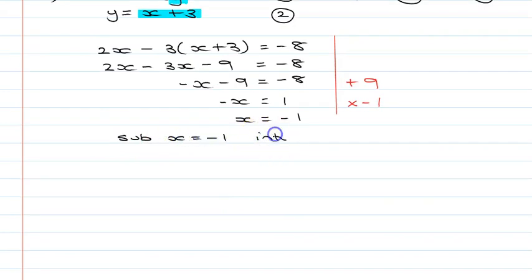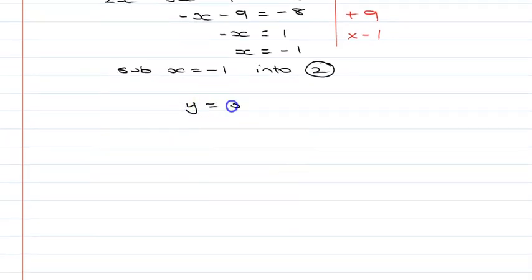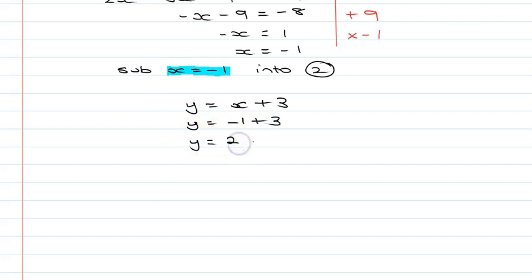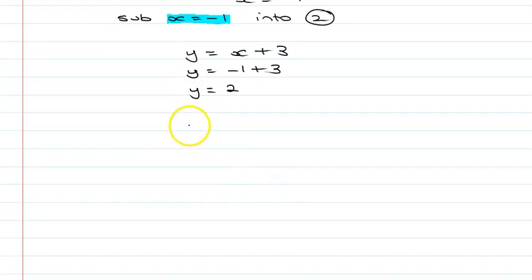Equation 2 is y equals x plus 3. So we've got y equals negative 1 plus 3, which gives us y equals 2. And don't forget to summarize. So our solution is minus 1, 2.